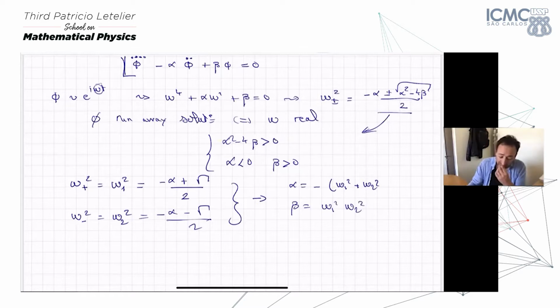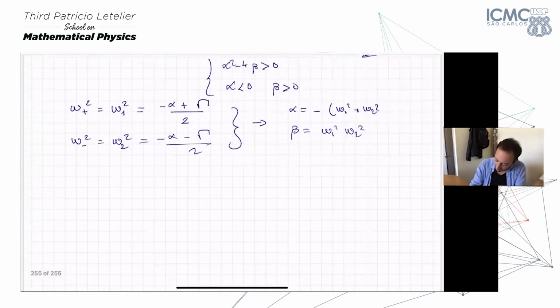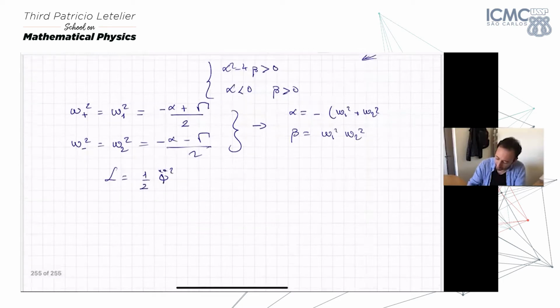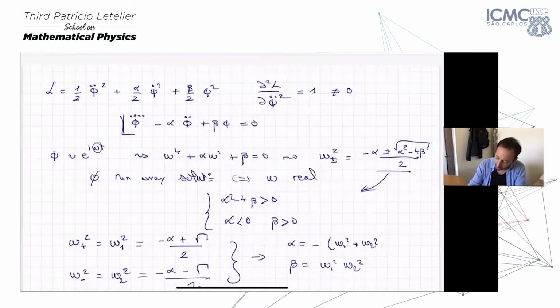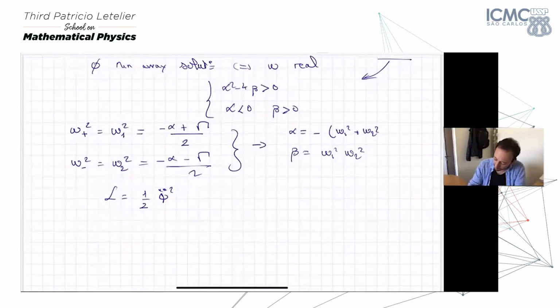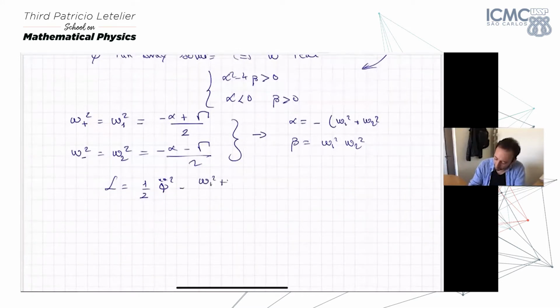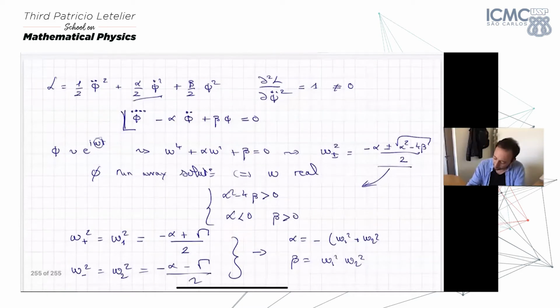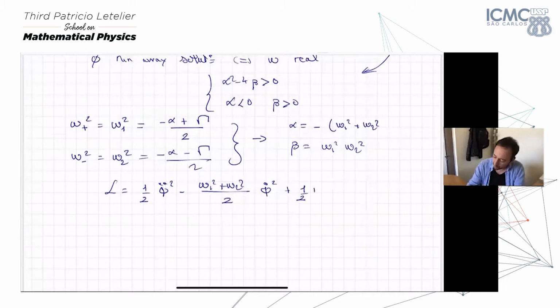Fine. So what is the Lagrangian that I have? The Lagrangian is 1/2 phi double dot squared, plus alpha over 2, so it's minus omega 1 squared plus omega 2 squared over 2 phi dot squared, plus beta over 2, so plus 1/2 omega 1 squared omega 2 squared phi squared.